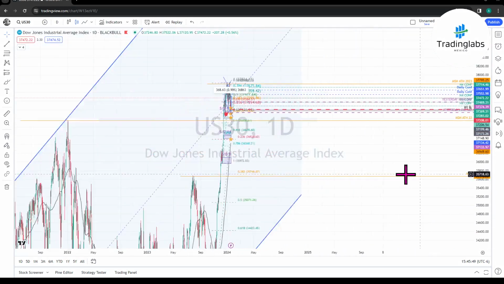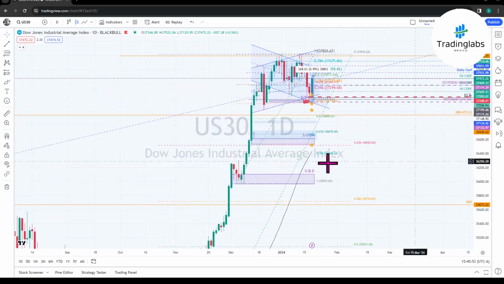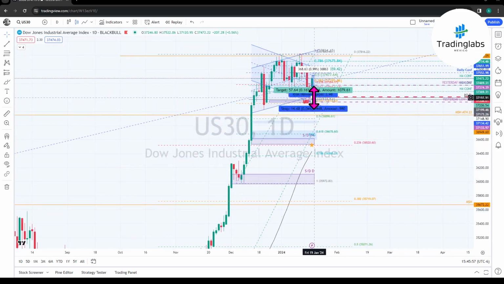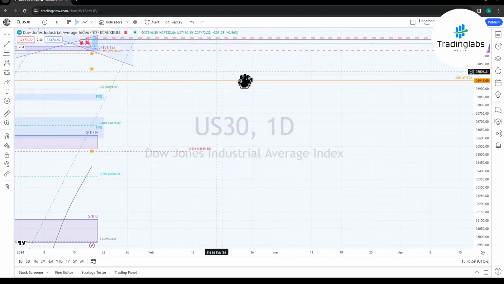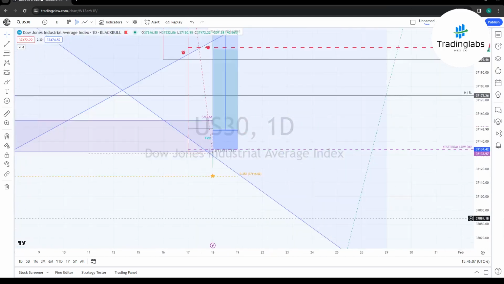I'm going to explain it here. This explanation is going to be great, bro. From this low to this swing high, we have exactly the 38.2 Fibonacci retracement, right?